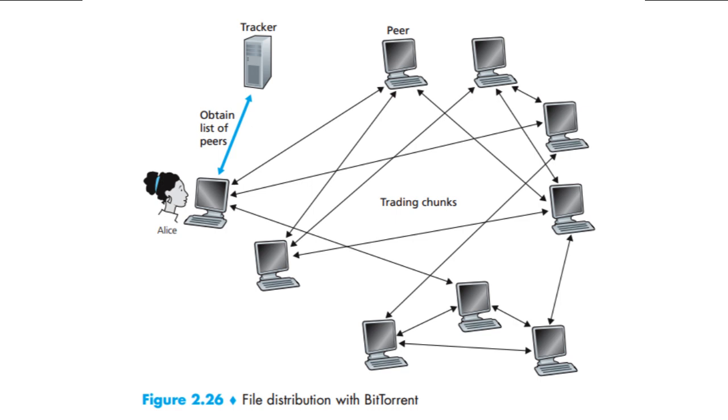If the two peers are satisfied with the trading, they will put each other on their top four lists and continue trading until one of the peers finds a better partner. The effect is that peers capable of uploading at compatible rates tend to find each other. The random neighbor selection also allows new peers to get chunks so that they can have something to trade.